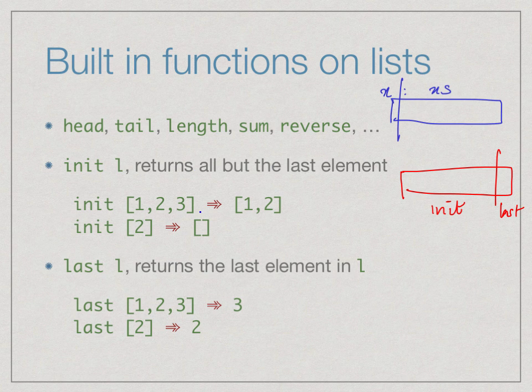So if I have a 3-element list, it will return the first two. If I have a 1-element list, it will return empty because if I remove the last element, nothing is left. And last will be the value at the end. So last of this list is 3. Last of the list containing 2 is 2. Right? And once again, init and last will only work if the list has at least one value. So you cannot define init or last for an empty list.